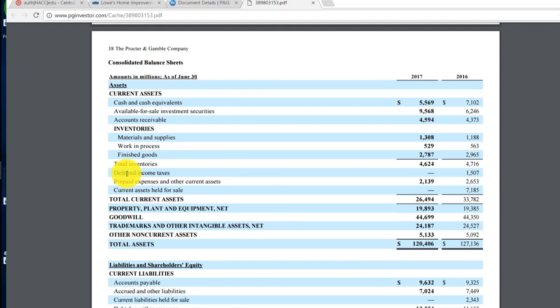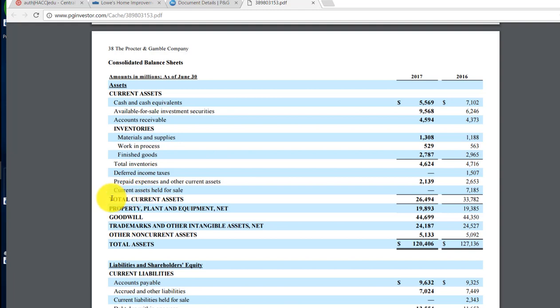It's kind of tradition that we list our assets from most liquid to least liquid, but that is not codified in the rules. But what is required is that you differentiate between current and long-term somehow.